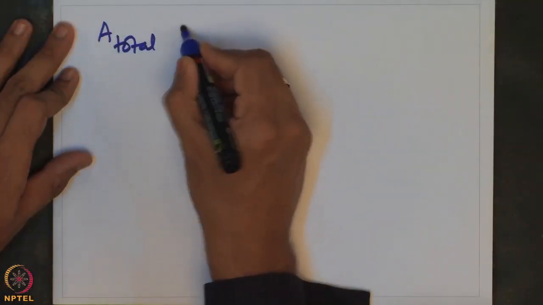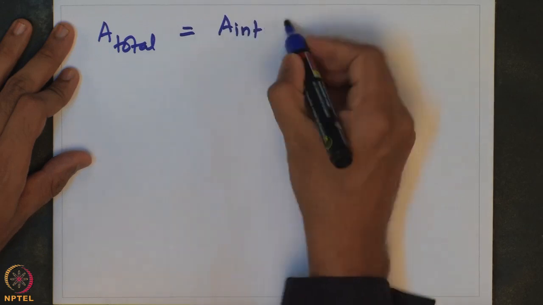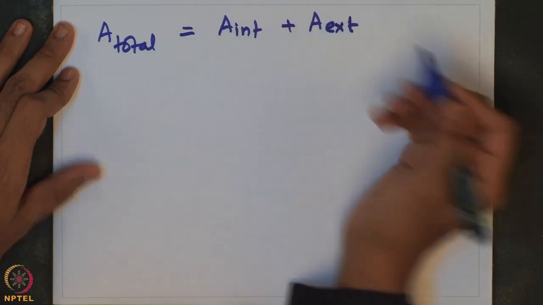So, we said that the total area for the reaction is essentially equal to the internal area plus the external area.